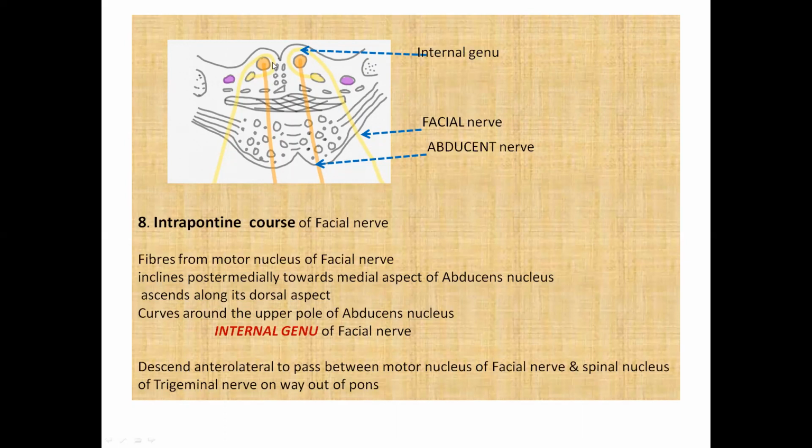On reaching the medial aspect of the abducent nucleus, they start to ascend along its dorsal aspect, and on reaching the cranial end of the abducent nucleus, they curve around it, and finally the fibers move forwards laterally between the spinal nucleus of the trigeminal nerve and the motor nucleus of the facial nerve to exit out of the pons. This course of the facial nerve fibers looping around the cranial end of the abducent nerve nucleus creates the internal genu of facial nerve within the pons.